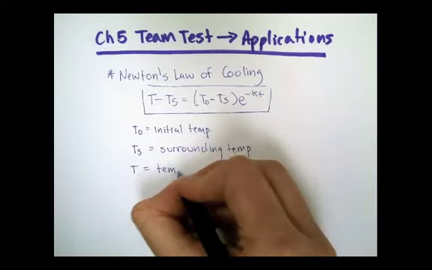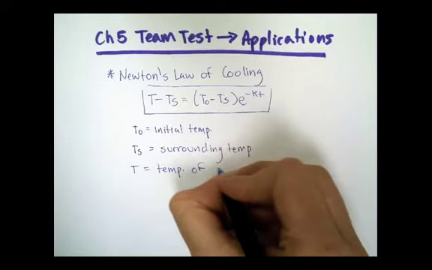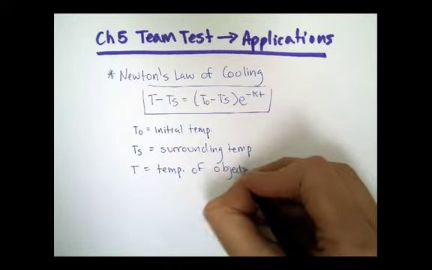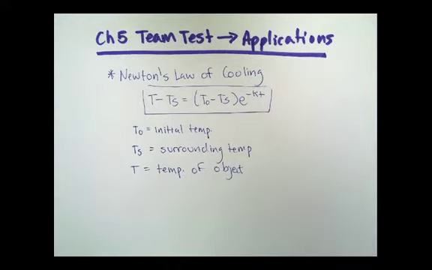So temp of object. So make sure you review. Go back and look at your notes. Look at some of the problems we've done in class with the apple pie sitting out to cool. Some of those examples that we've seen, and be ready for Newton's law of cooling.